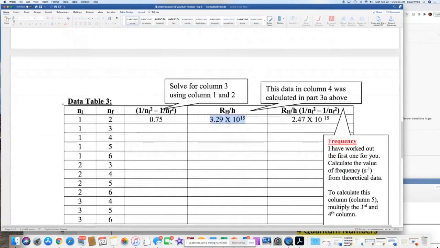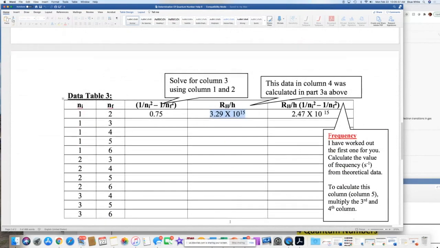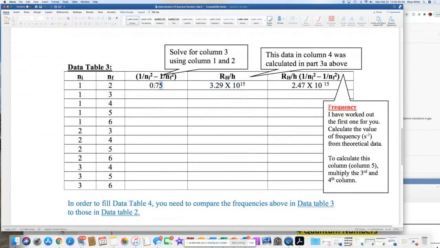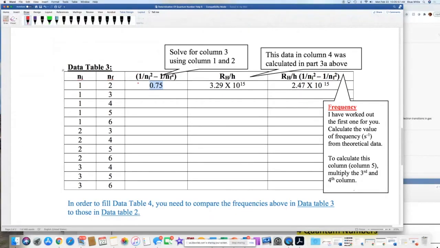And then this number is the same throughout. This number right here is going to be different because your Ni and your Nf values are different each time. So you have 1 over Ni squared. This is Ni. 1 over Nf squared. This is Nf. So you're going to take those numbers, and then let me write it out here real quick.